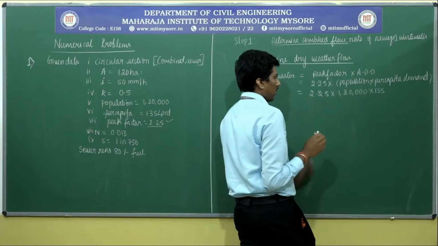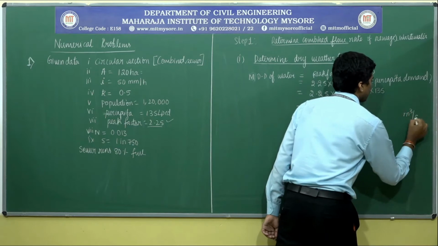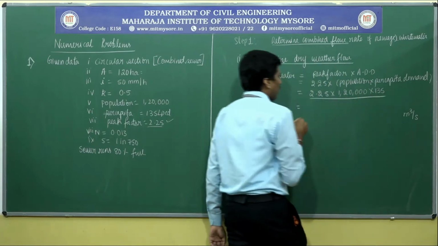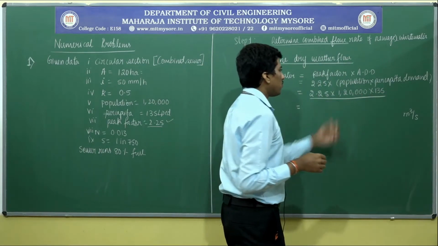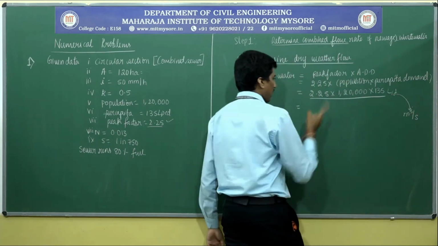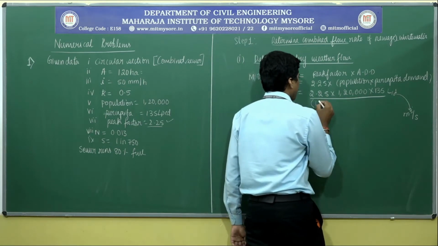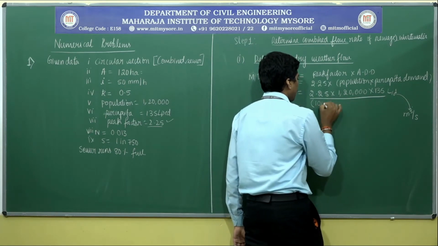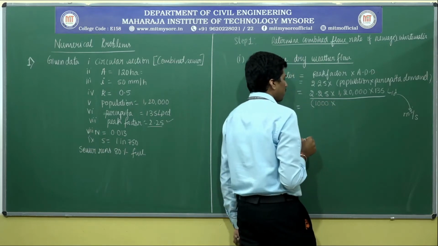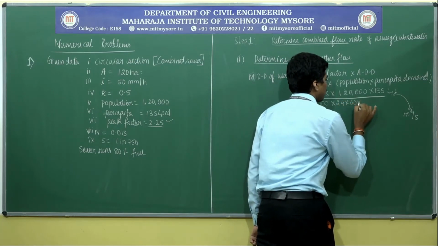Now I want the result in terms of meter cube per second. The result has to be always expressed in meter cube per second. So this quantity in liters per day has to be converted to meter cube per second. For that conversion you have the factors: 1000, because 1000 liters makes 1 meter cube, into 24 into 60 into 60.